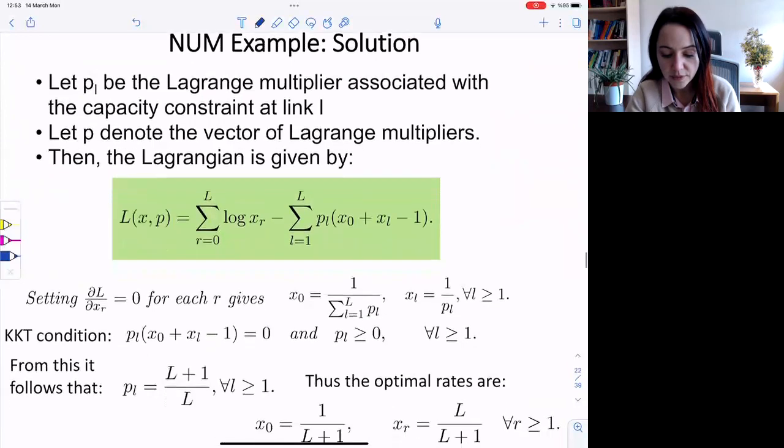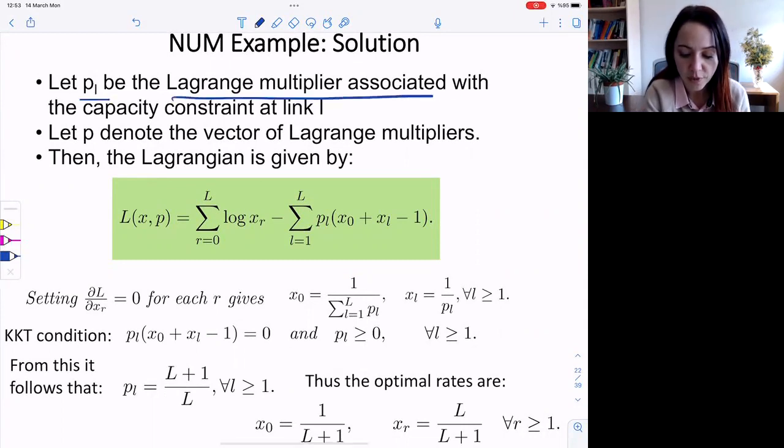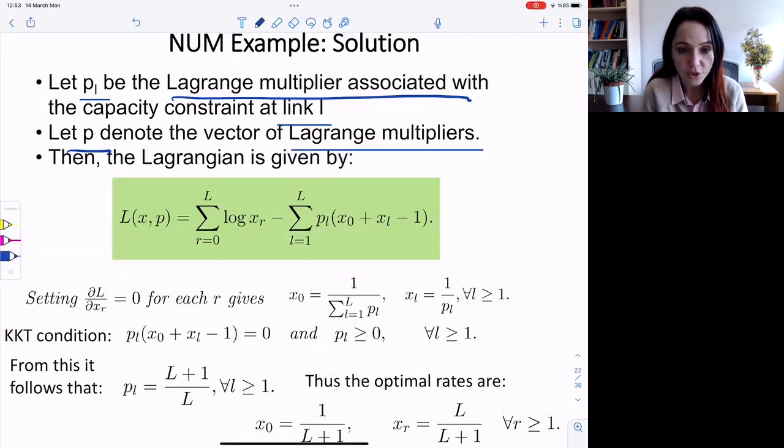And then we have only one set of Lagrange multipliers, basically, associated with only the inequality constraints. Suppose p_l is the Lagrange multiplier associated with the capacity constraint at link l. Let p denote the vector of Lagrange multipliers. Okay, then the Lagrangian is given by this function.